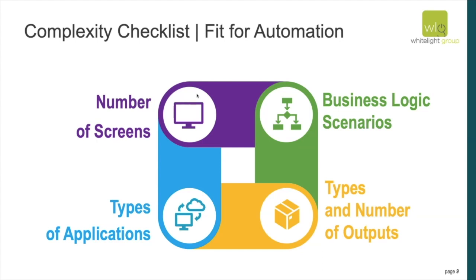And then types and numbers of inputs. They have a rule of 5: 5 applications, 500 steps and/or 500 screens, if you will, and 5 business logic scenarios. So think of that when you're considering what goes into a bot, what is pretty typical.